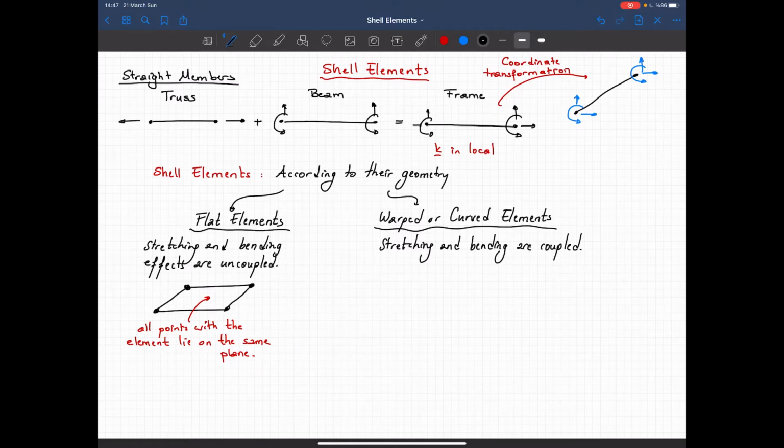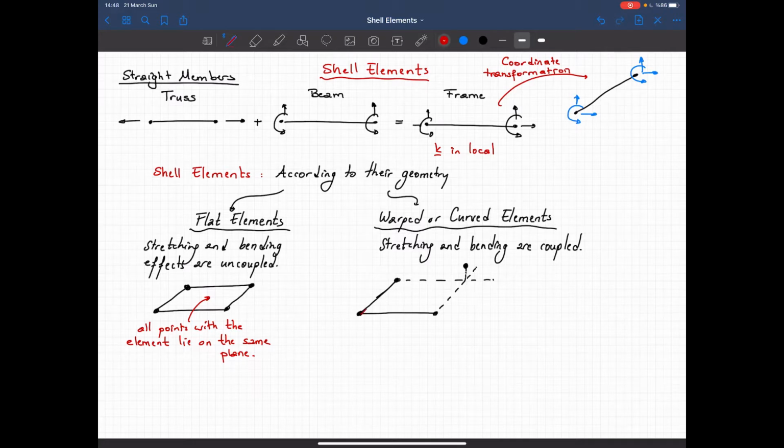So let's draw some examples. Let's give an example to the warp geometry. These 3 points, let's say that they are on the same plane, but its fourth node is on a different plane.